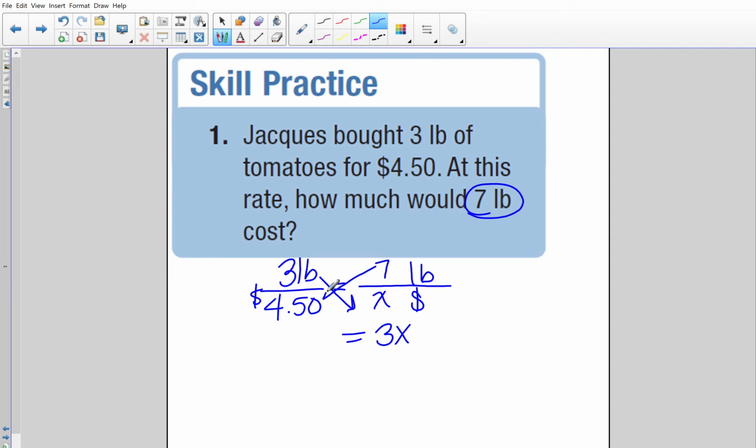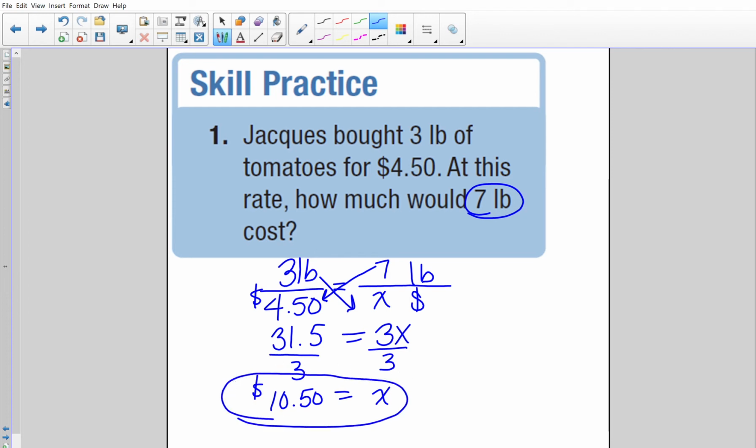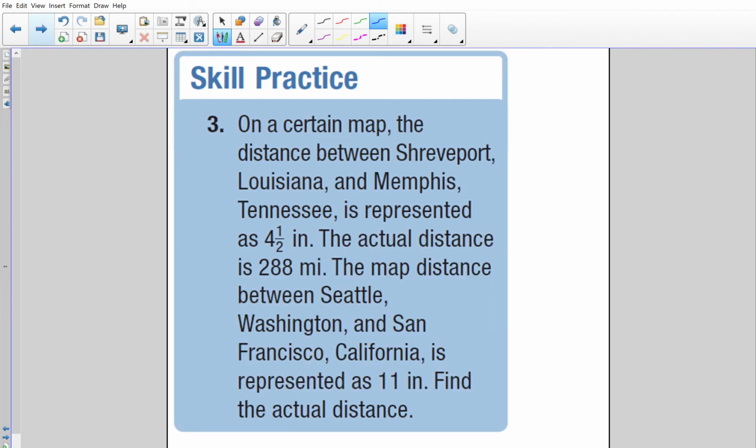And 7 times 4.50 is 31.5. Okay, so then I'm going to divide by 3. And x is equal to 10.5, so I'm going to add a 0 to make it money. It's $10.50 for 7 pounds. Okay, again, if you want to pause it and try it yourself.